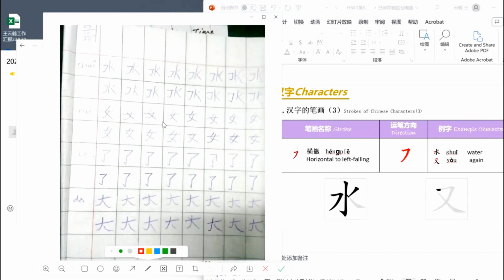This 横撇, the first one is nice. Well, this one is okay, but the rest of it, it looks like 横折钩. 横折钩 is written like this, but 横撇 is this. So you see, this looks like 横折钩, which is wrong. So it should be like this.